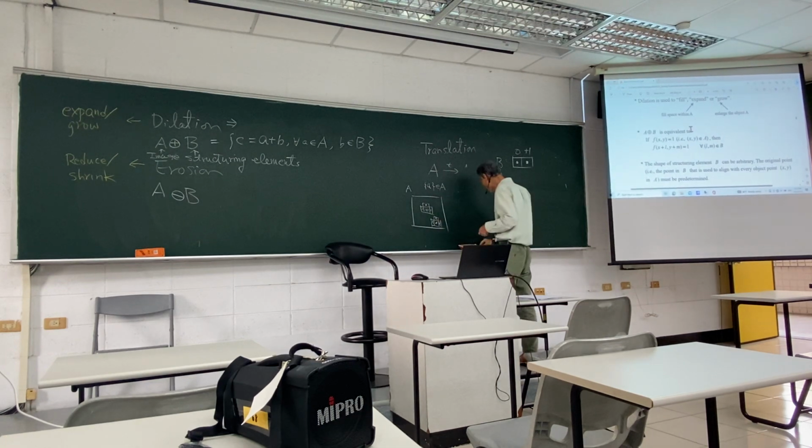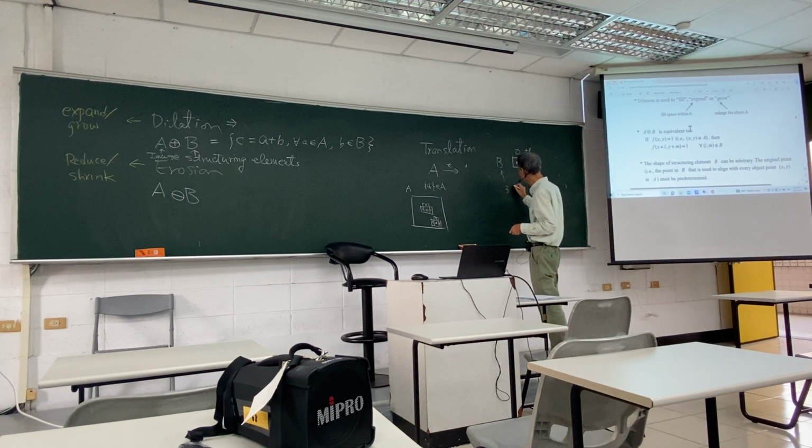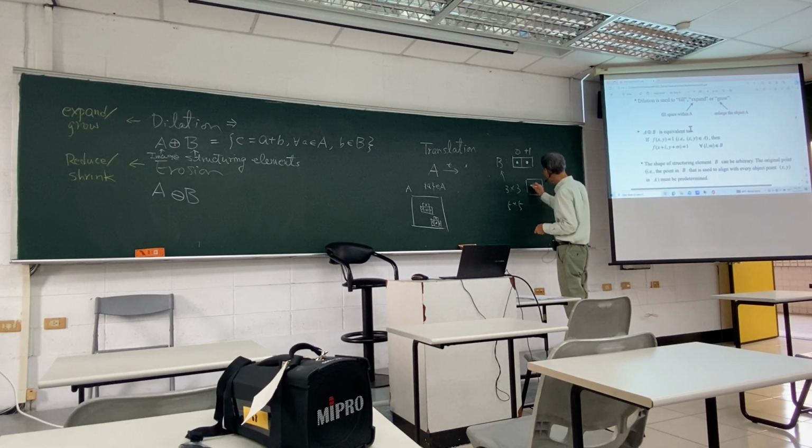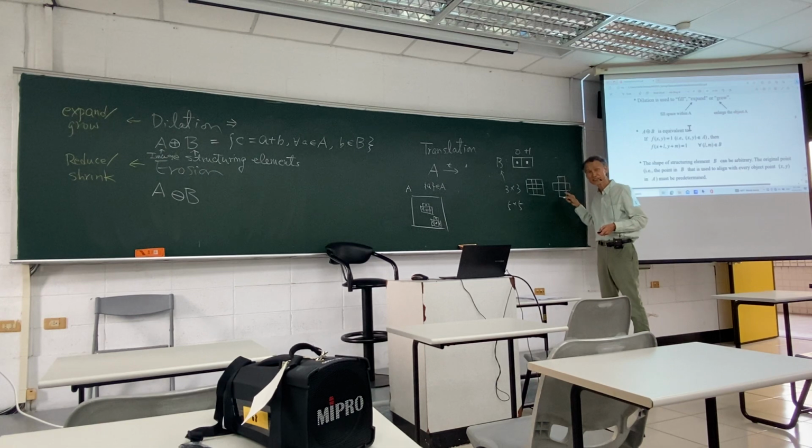But for most of the application, we simply put a 3x3 or 5x5, a 3x3 or sometimes a cross hair. Okay, that's the most of the case. We'll do something like this.